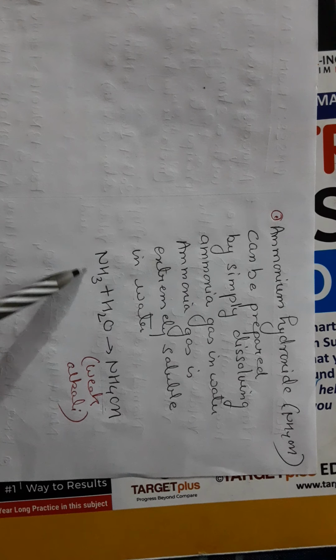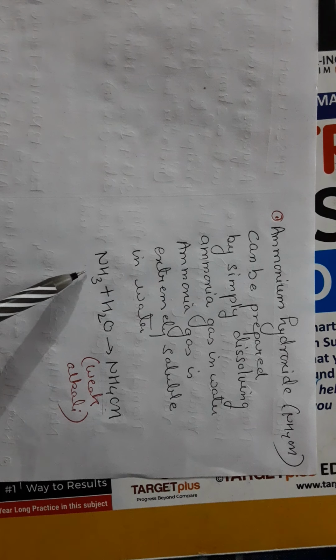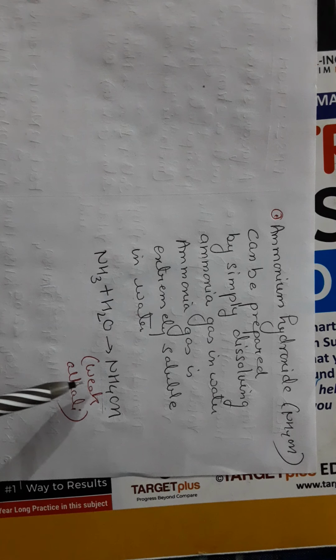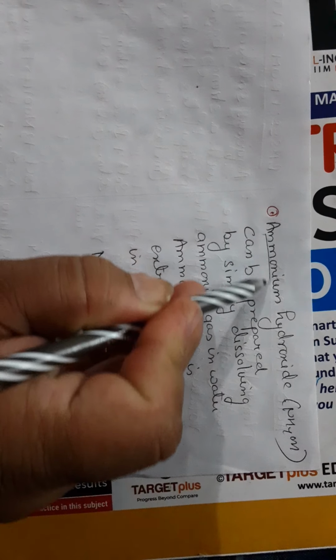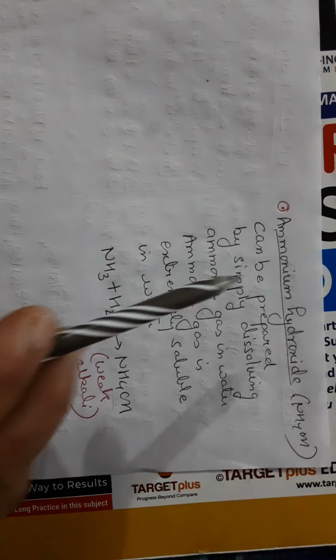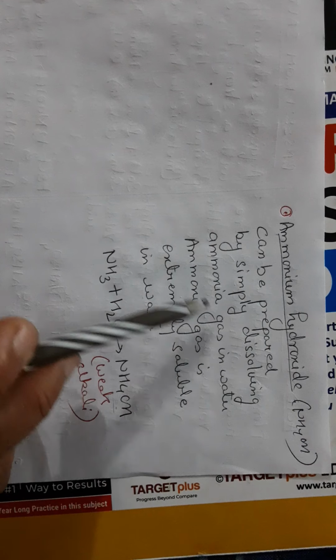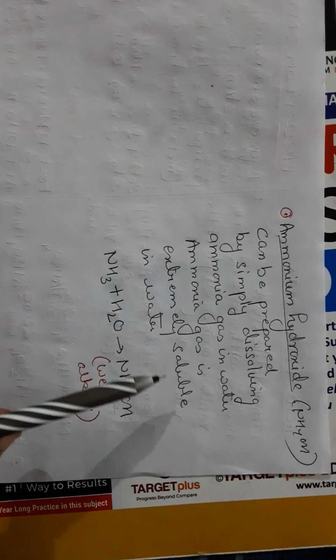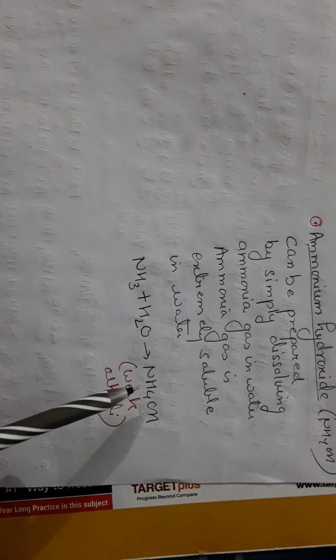Ammonia gas is extremely soluble in water, and when the ammonia gas is dissolved in water, it gives a weak alkali that is known as ammonium hydroxide. It is also a base. It is a weak alkali.